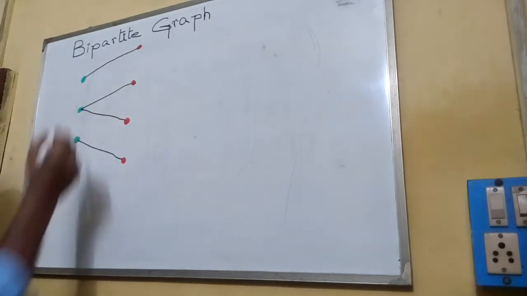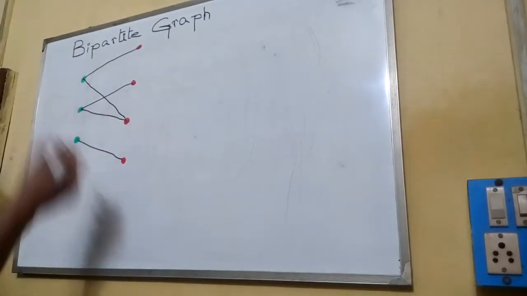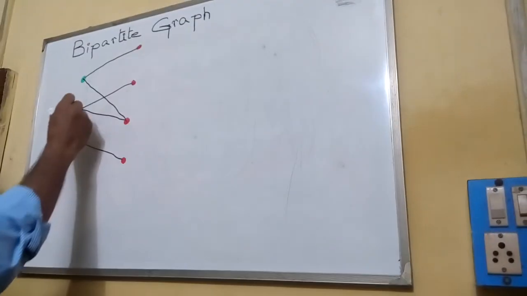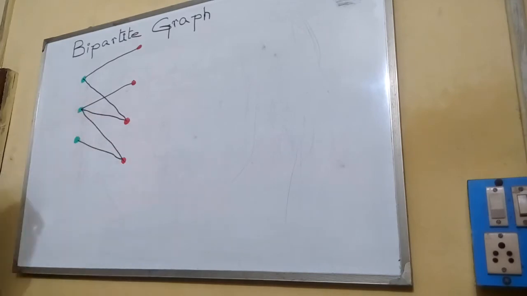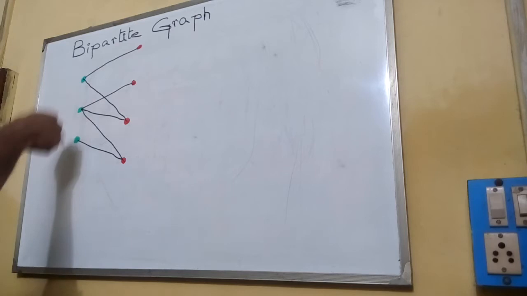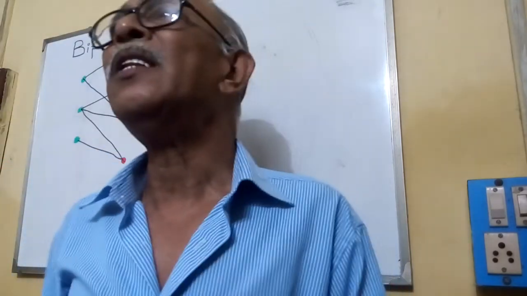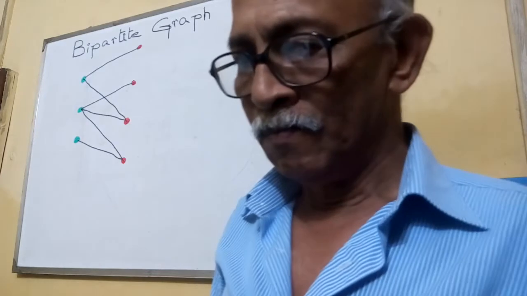The graph may be, if we are adding more edges, still it will remain a bipartite graph. So long as we are not adding any edge on this side or this side, till that time it will remain a bipartite graph.